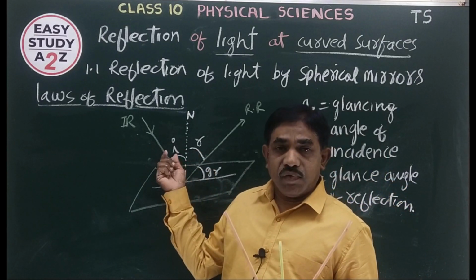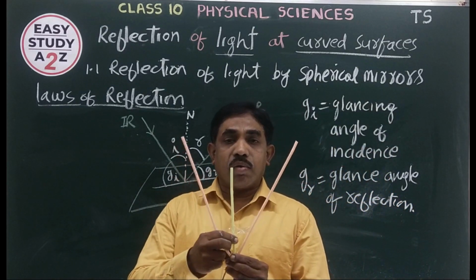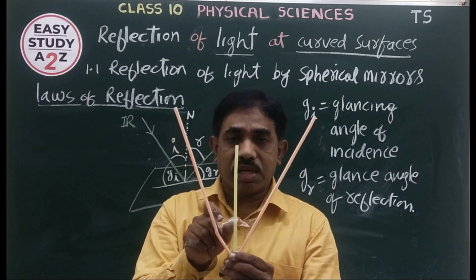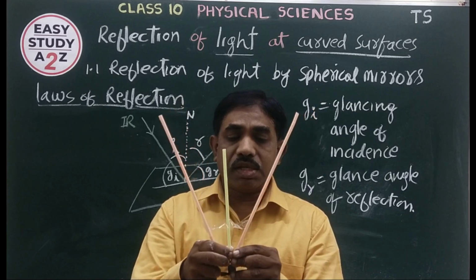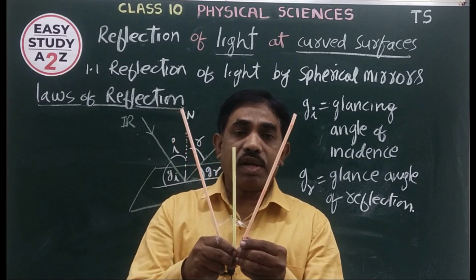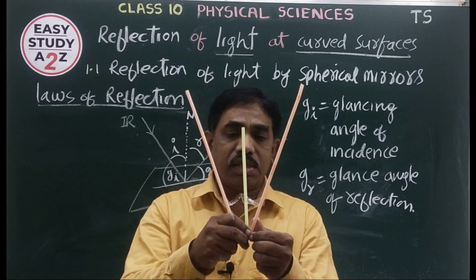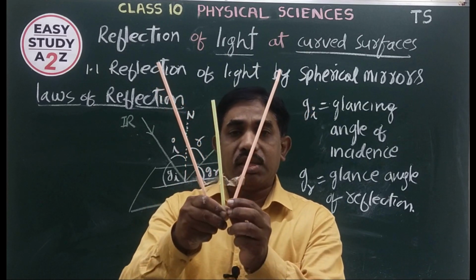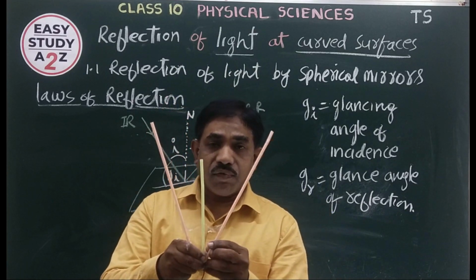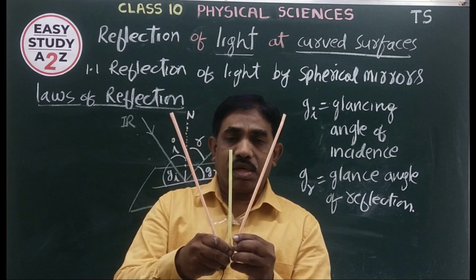For example, if the angle of incidence is 30 degrees, the angle of reflection is also 30 degrees. This is the normal, and the angle of incidence is 30 degrees. With respect to the normal, the reflected ray can make 30 degrees like this, or in this direction, or in any other direction also.